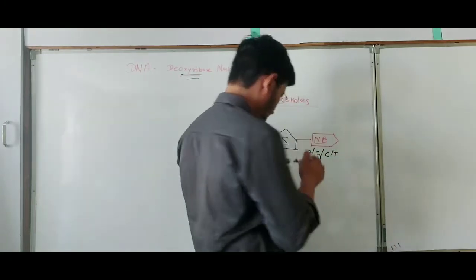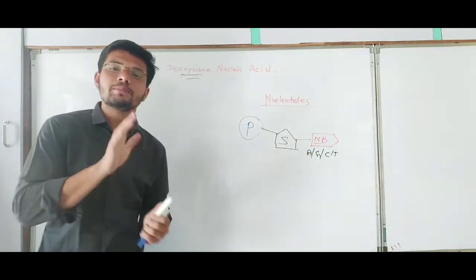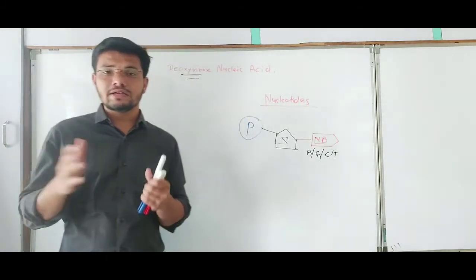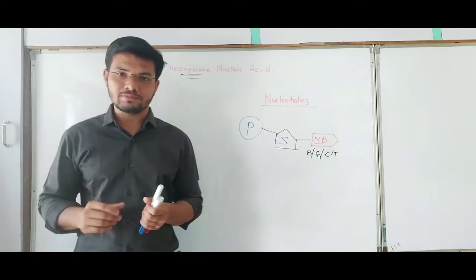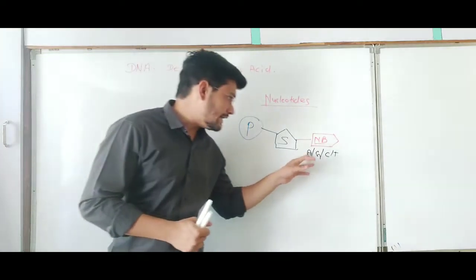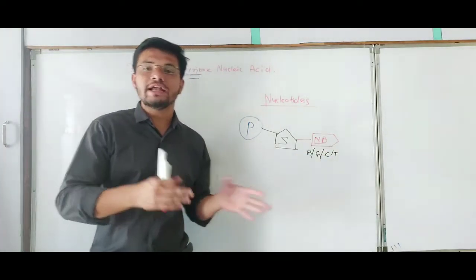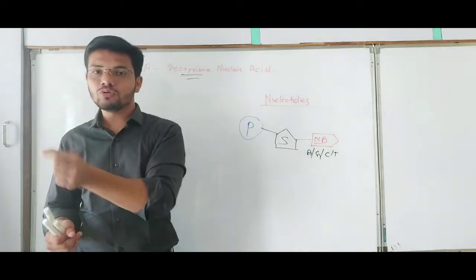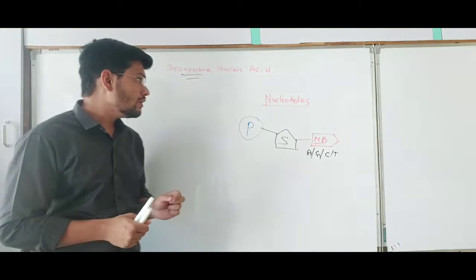One of the four nitrogen bases will be present in the nucleotide, and according to it the nucleotide name will vary. If the adenine nitrogen base is present, that nucleotide will be known as adenine nucleotide, right?